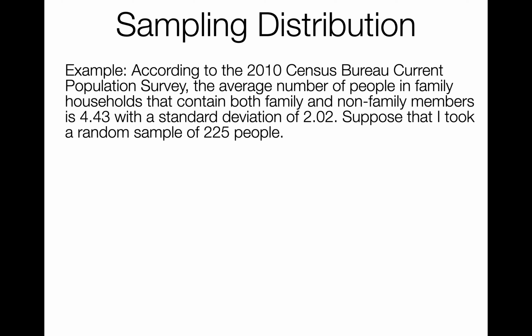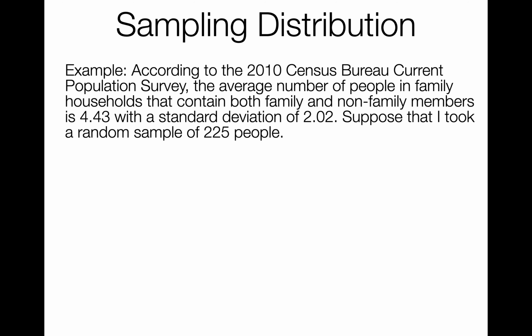So here's an example. According to the 2010 Census Bureau Current Population Survey, the average number of people in family households that contain both family and non-family members is 4.43 with a standard deviation of 2.02.